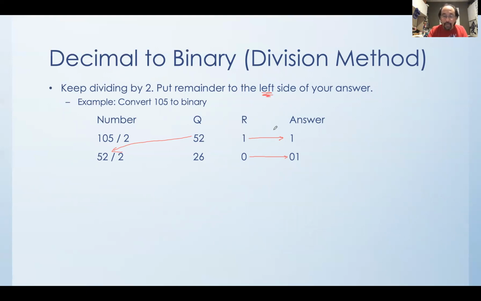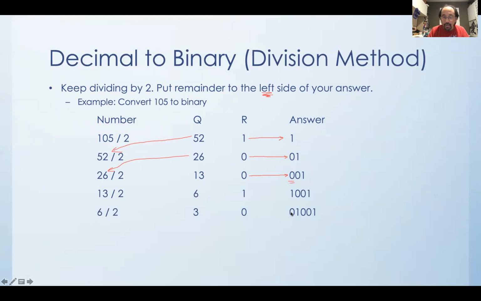And then I keep repeating this. I take 26 and I divide that by 2, and this remainder of 0 gets added to the left side here. And then I just repeat that again and again. So 13 divided by 2 has a remainder of 1. I put that 1 here. 6 divided by 2 has a remainder of 0.